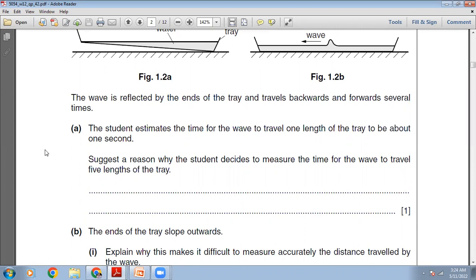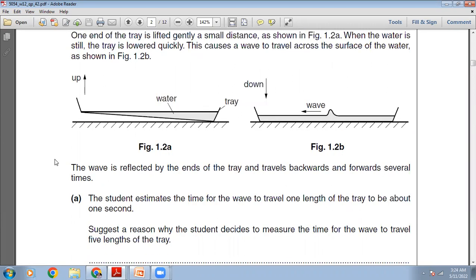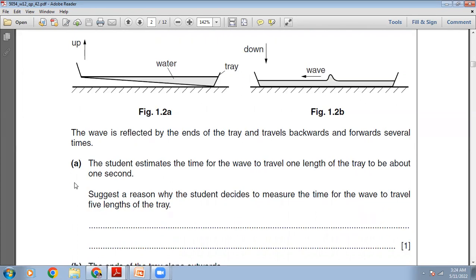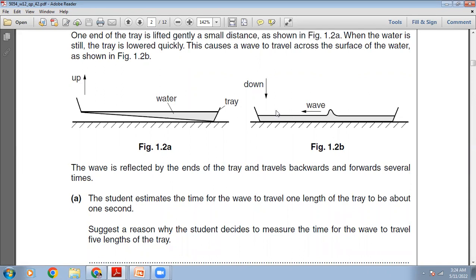The student estimates the time for the wave to travel one length of the tray to be about 1 second. Suggest a reason why the student decides to measure the time for the wave to travel 5 lengths of the tray. For the wave to travel from this end to that end, a single length of the tray, it took 1 second only.